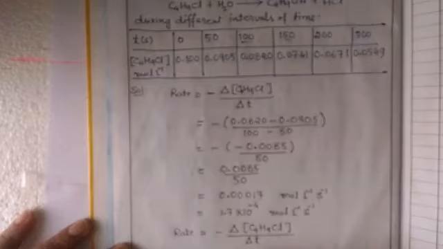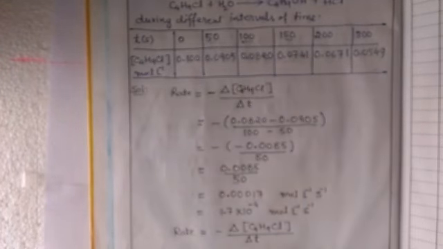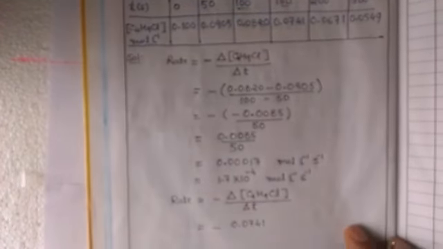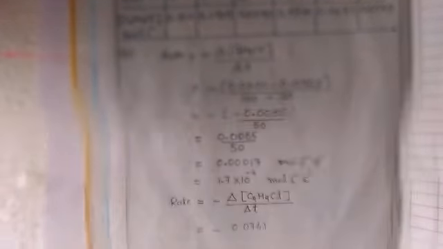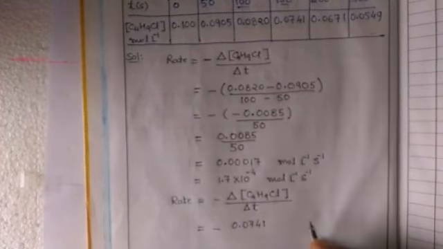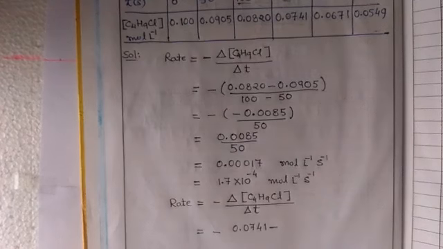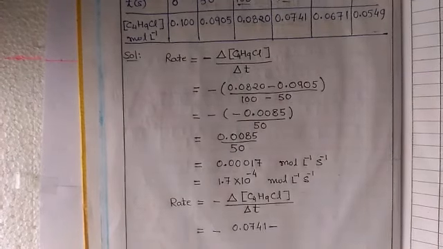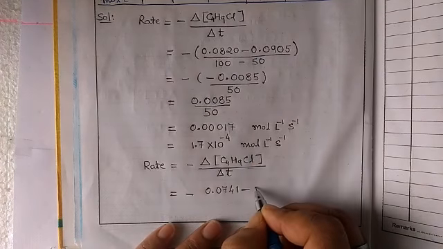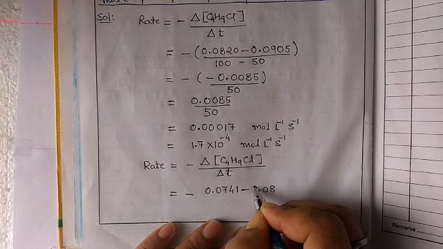For this particular reaction, the values will be again 0.0741, this is the value 0.0741, and this is going to be subtracted from the next value, 0.0820.